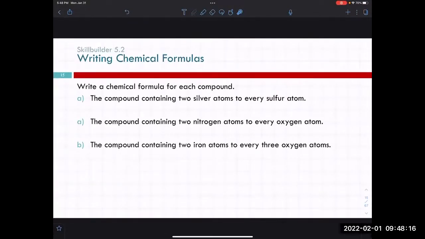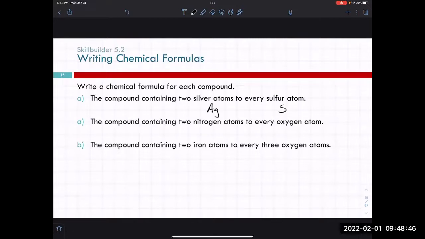Okay, so let's do a little practice. If we had a compound containing 2 silver atoms to every sulfur atom. So what's the symbol for silver? Ag. And then the symbol for sulfur? S. Ag, S. So which of those should go first?